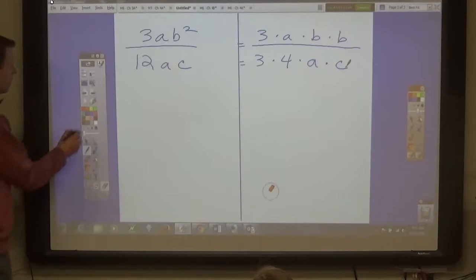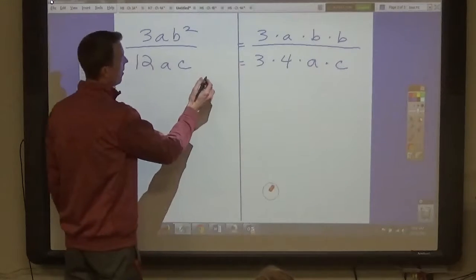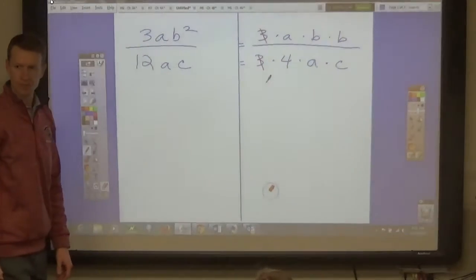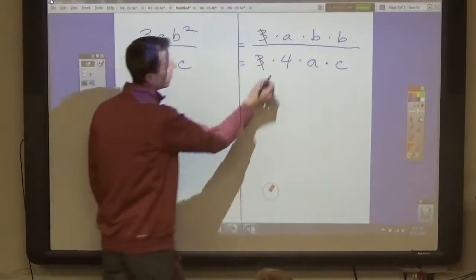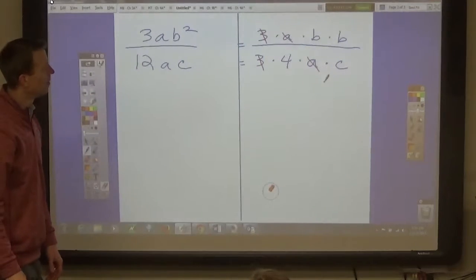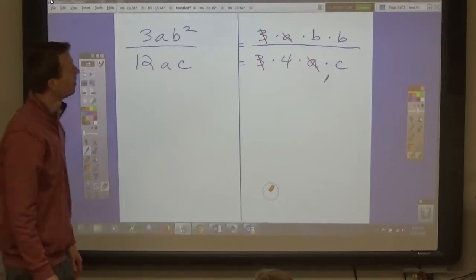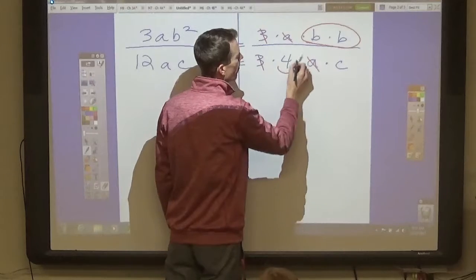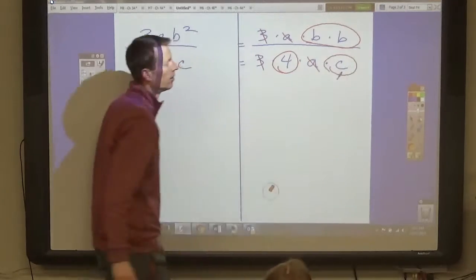And so then we can cross out the 3's and cross out the a's, and what is left is b squared over 4c.